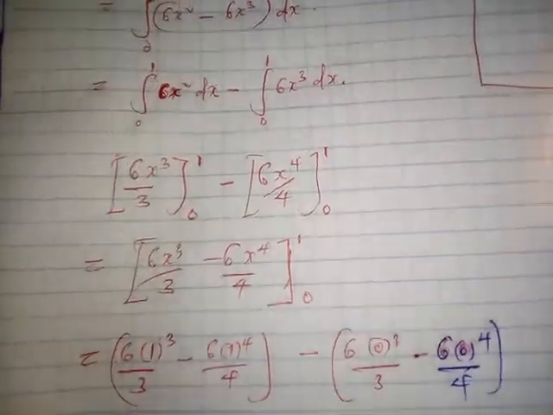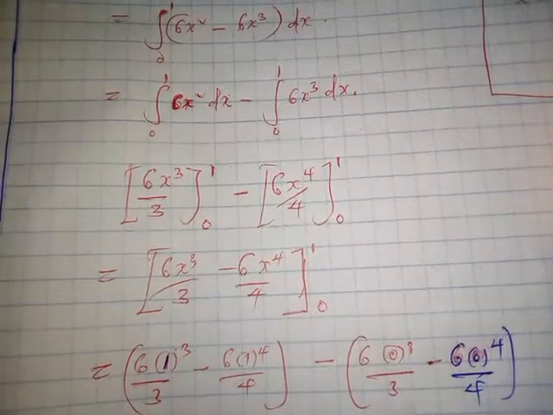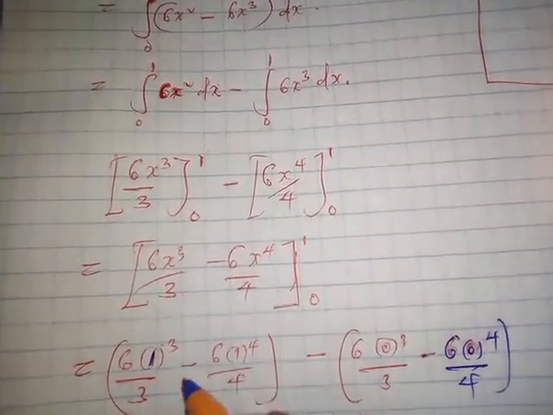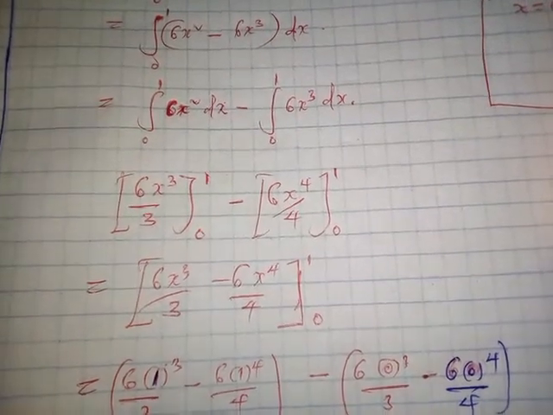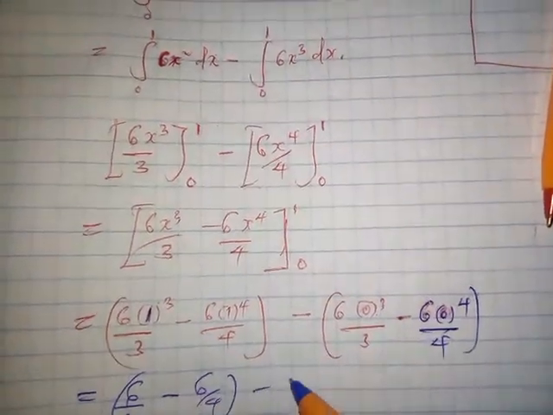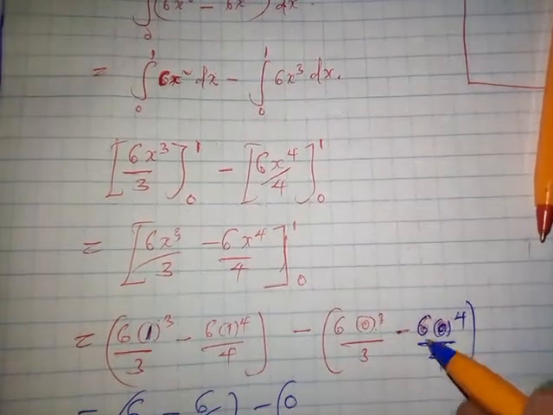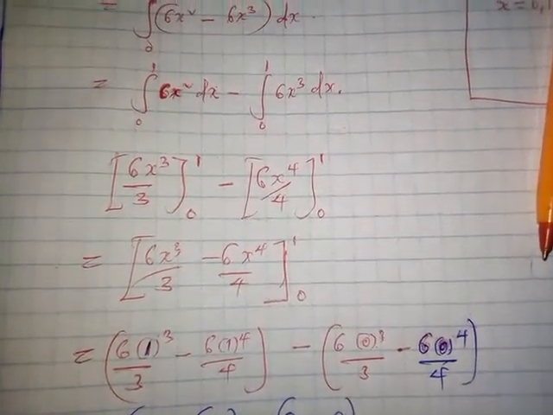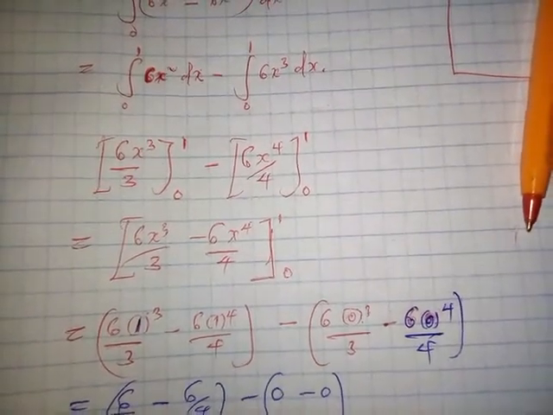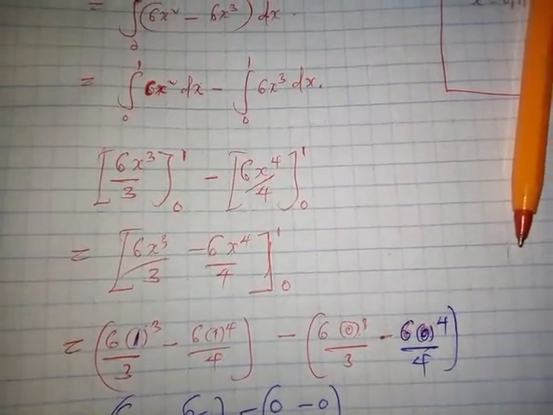So 1 cubed is 1, times 6 is 6, over 3, minus 1 to the 4 is 1, times 6 is 6 over 4. Then 0 cubed times 6 is 0, divided by 3 is 0, and 0 to the power 4 times 6 is 0, divided by 4 is still 0. So we have 6 over 3 minus 6 over 4, minus the whole of this, which is 0.